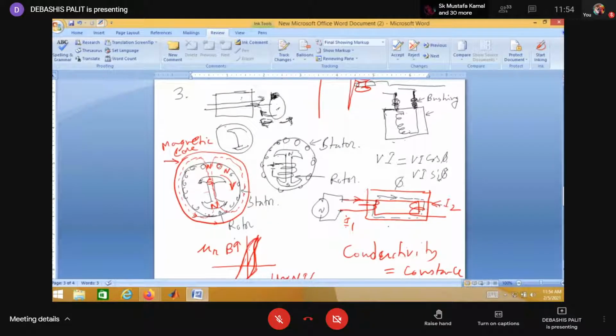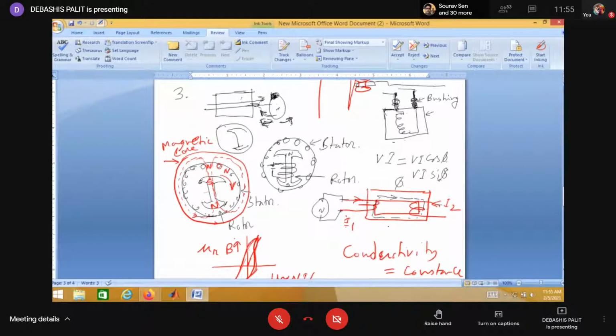But in an electric circuit, energy is always wasted when there is a flow of current, but energy is not wasted when there is a flow of flux. That is the main difference. You understand my point? Yes, sir.